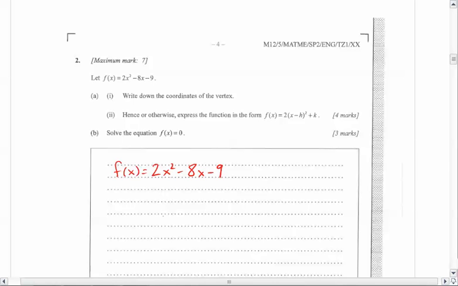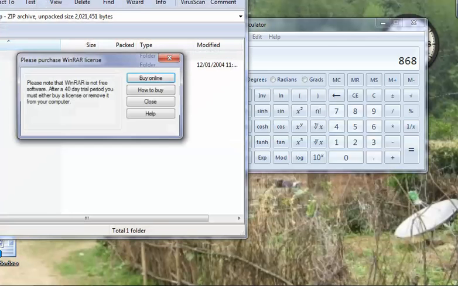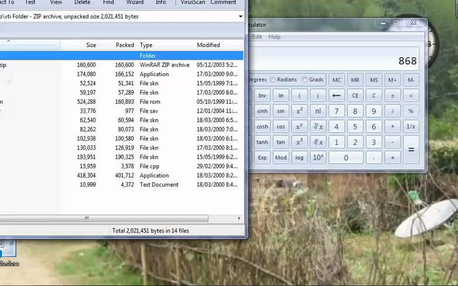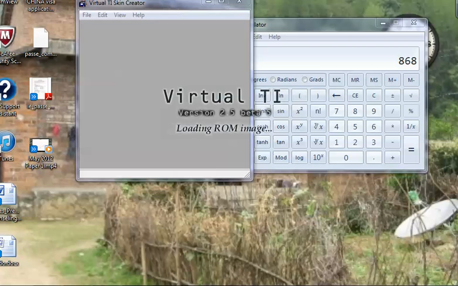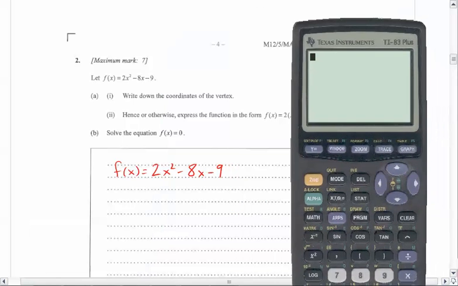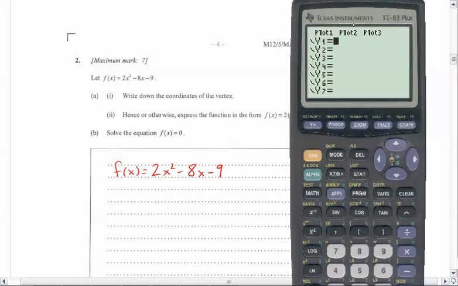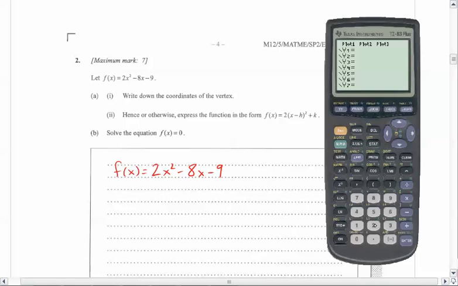So if I have a graphing calculator, and in this case I do, in order to save time, what I'll do is just graph that function. See if I can make this smaller. There we go. Okay, so I'll graph 2x squared minus 8x minus 9.